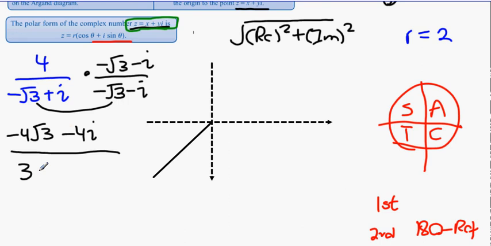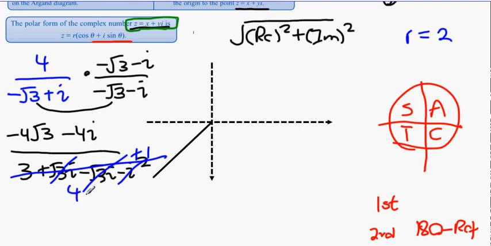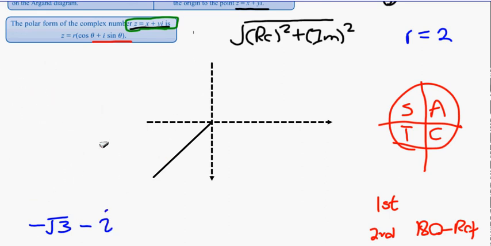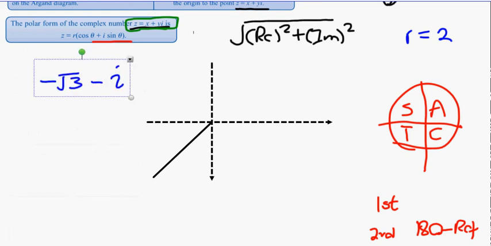Then we're going to get plus root 3i minus root 3i minus i squared. They cancel. The minus i squared comes plus 1, which makes 4 on the bottom. Divide 4 in, and I'm going to get minus root 3 minus i. So I just had to get rid of all that, and now I'm working on this complex number, the complex number for question 15.